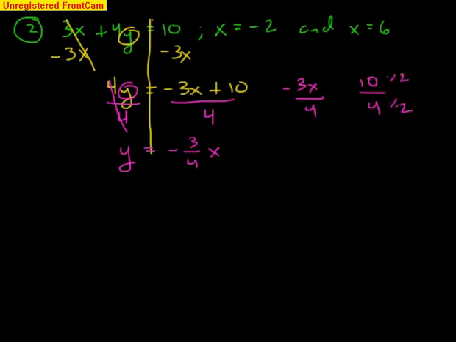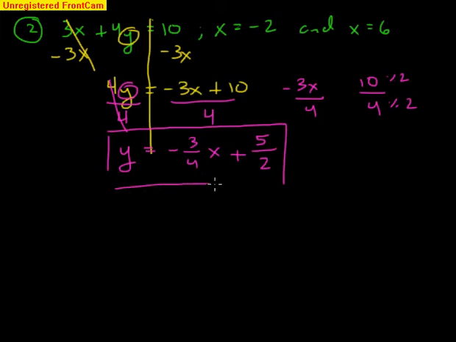If you remember from those units we were working on. Common factors, 2. So 10 divided by 2 is 5. 4 divided by 2 is 2. And it's a positive, because it's a positive over positive, so we put our plus sign. And there we go. There's your solved for y.